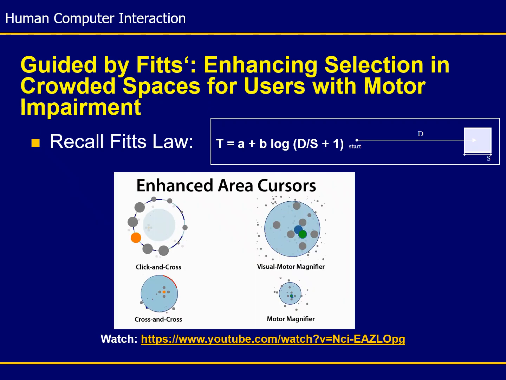And you will see also in this research a number of cursors that have been proposed by researchers following the same way of thinking, that if we replace the typical cursor with an area cursor in the form of a circle, there are a number of interaction techniques that they propose, including, for example, I will just describe the one at the left, and I will leave the rest for you to watch in the video.